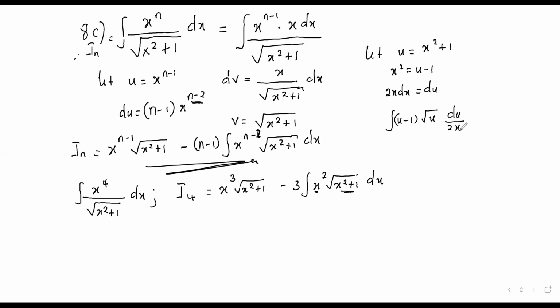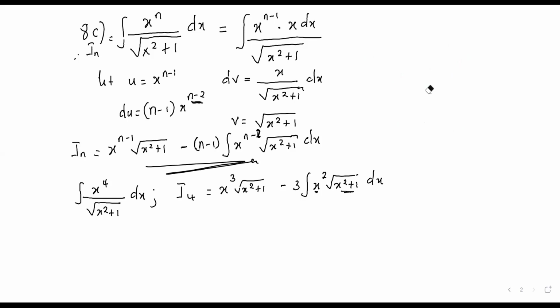So that can be a bad integral again. Is it? Not necessarily bad, because then x can be root of u minus 1. Okay, yeah. It can be a bad integral. So we can use other methods. We can use even trig substitution.